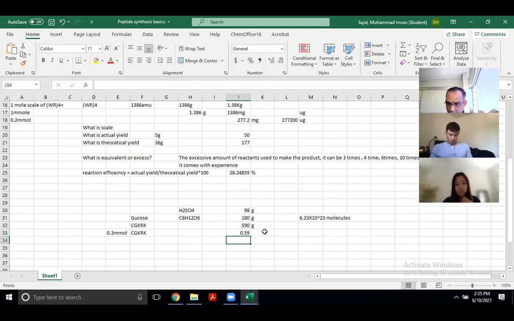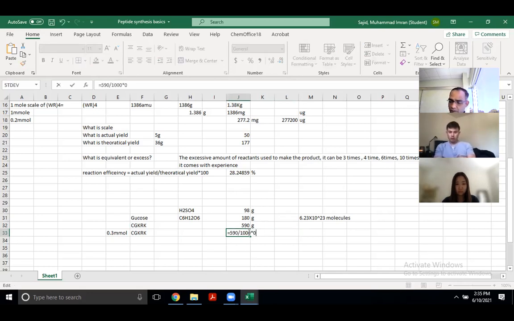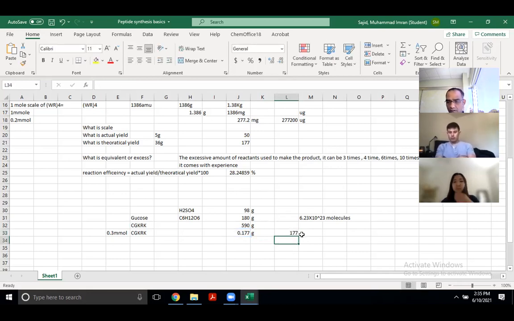And then I have to make it 0.3, so I multiply it by 0.3. So that will be 0.177 gram. If I want to make milligrams, it will be this multiplied by 1,000. 177 milligrams. You're getting me?